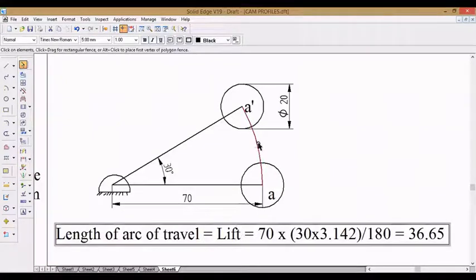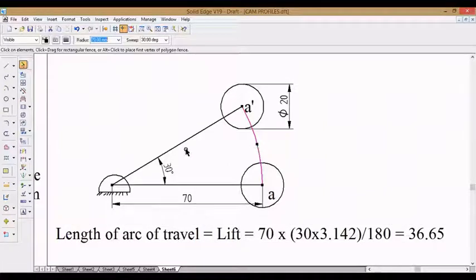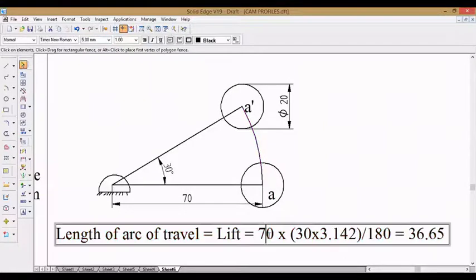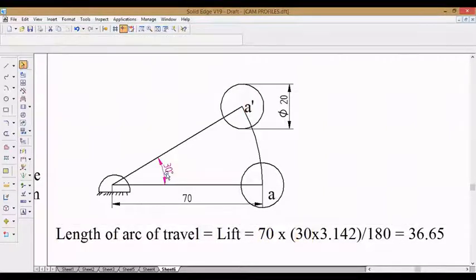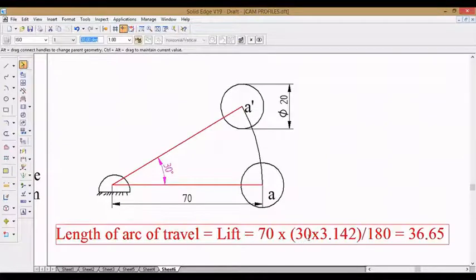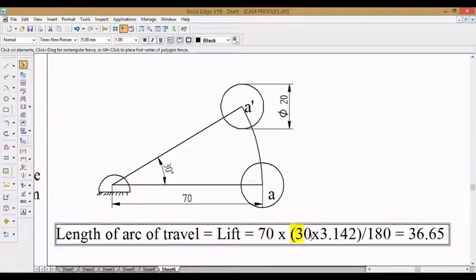How to find this length of arc? From basics of geometry, we know the length of arc is equal to radius of the arc multiplied by angle subtended. So the radius of this arc is 70 mm. So 70 mm multiplied by the angle subtended by this arc, which is 30 degree. I need to convert the 30 degree into radians. That's why I'm multiplying by pi and dividing by 180.